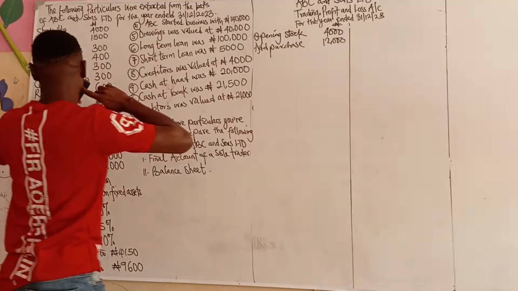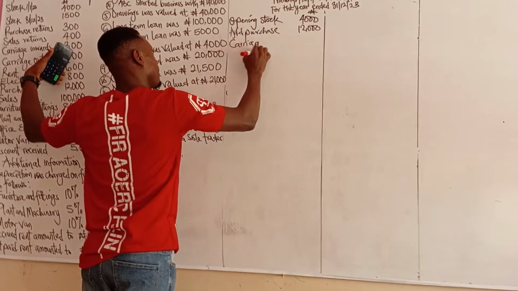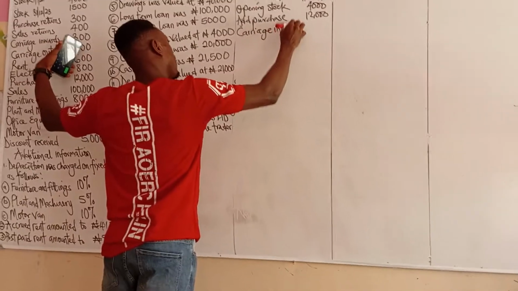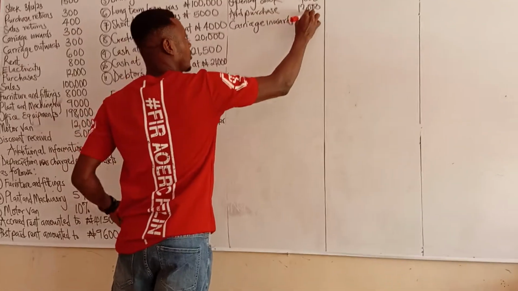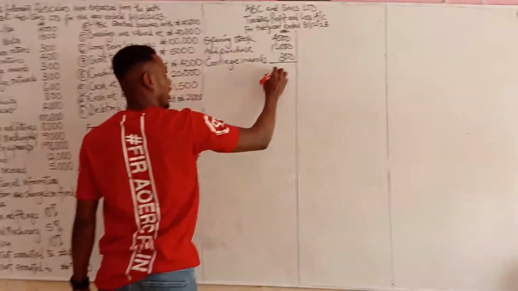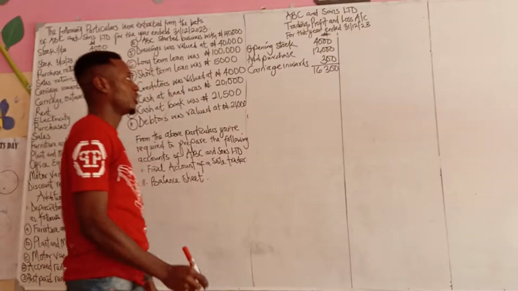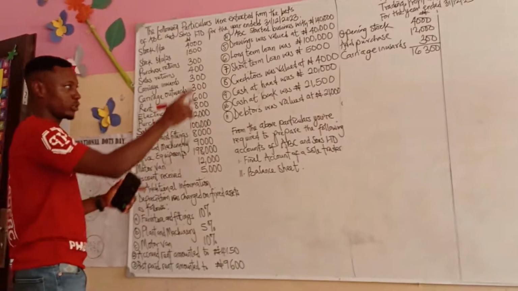Carriage, if we have carriage inwards, yes, there's carriage inwards, we add carriage inwards. Carriage inwards is 300. Then if we add this together, this will give me 16,300. Then if there's purchases return or return outwards, we subtract.